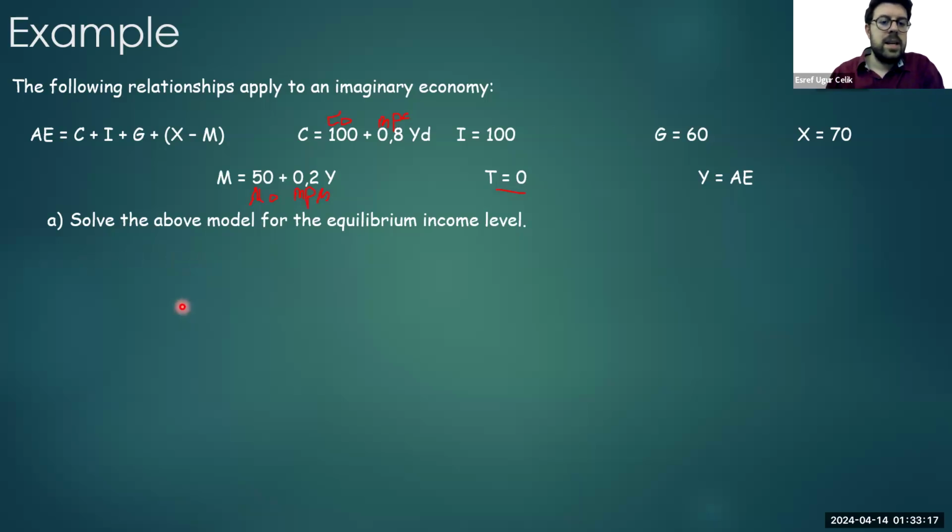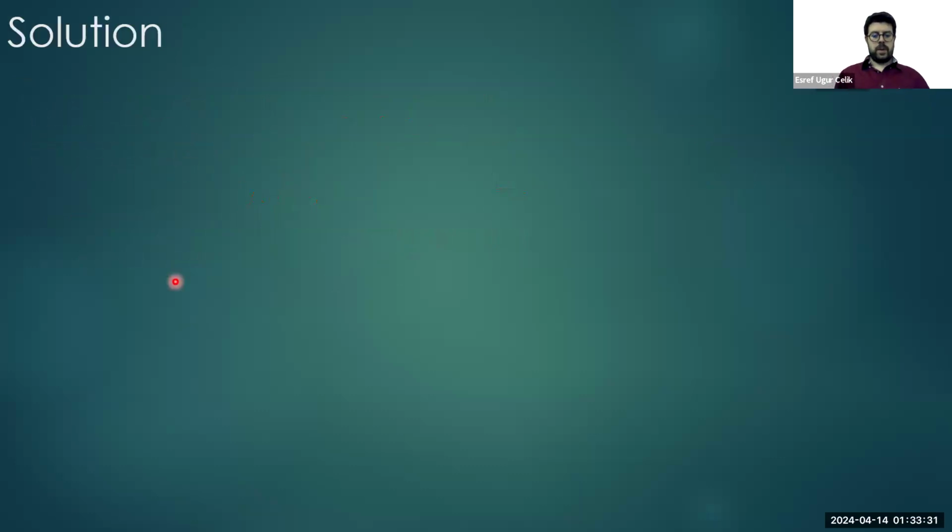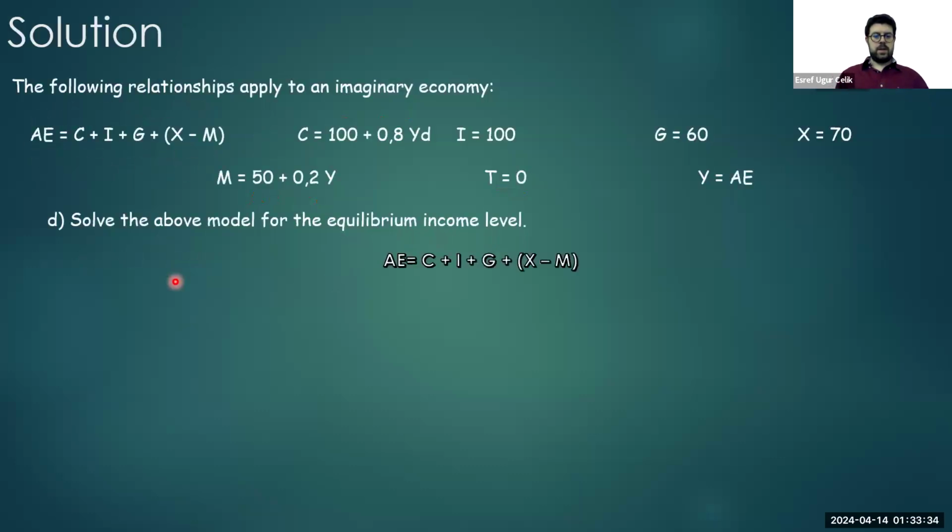But I may ask how we can find the equilibrium income. When I ask equilibrium income, we always start with the aggregate expenditure function, okay? Total consumption plus planned investment plus government expenditure plus net export.